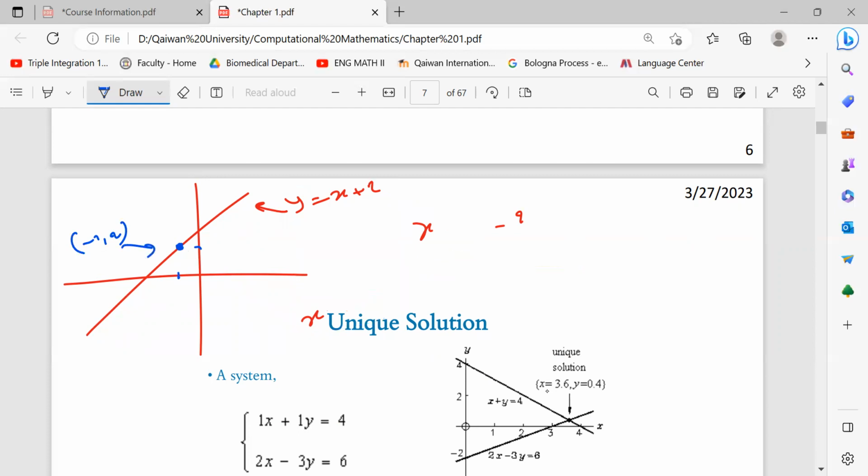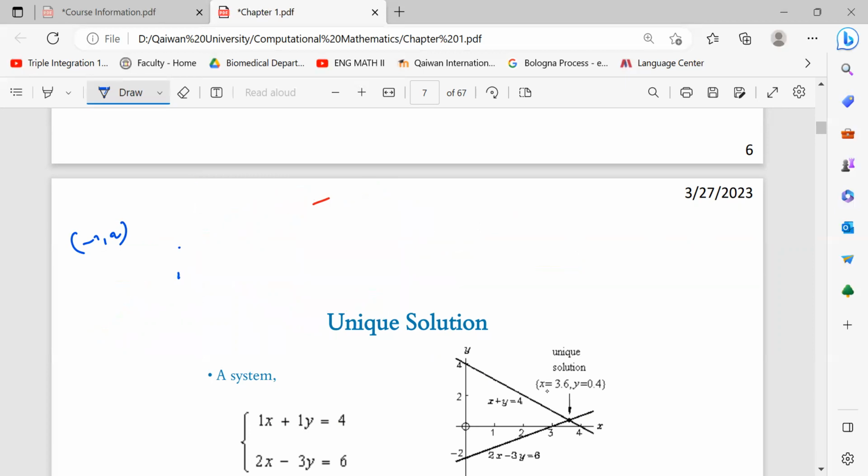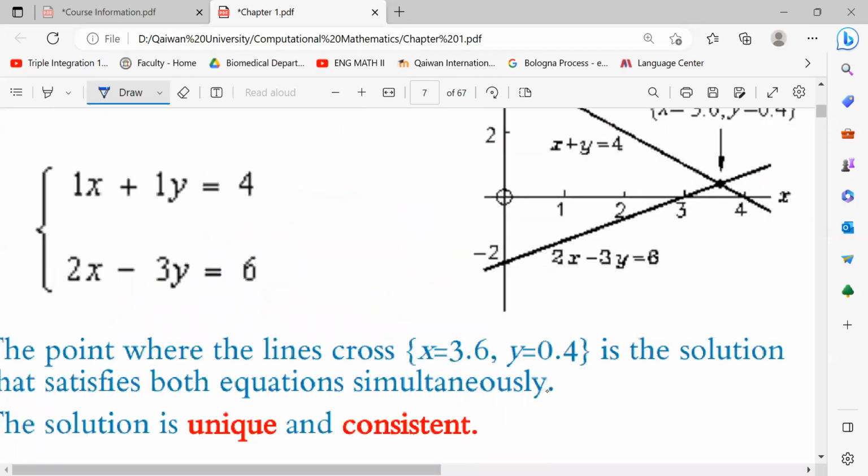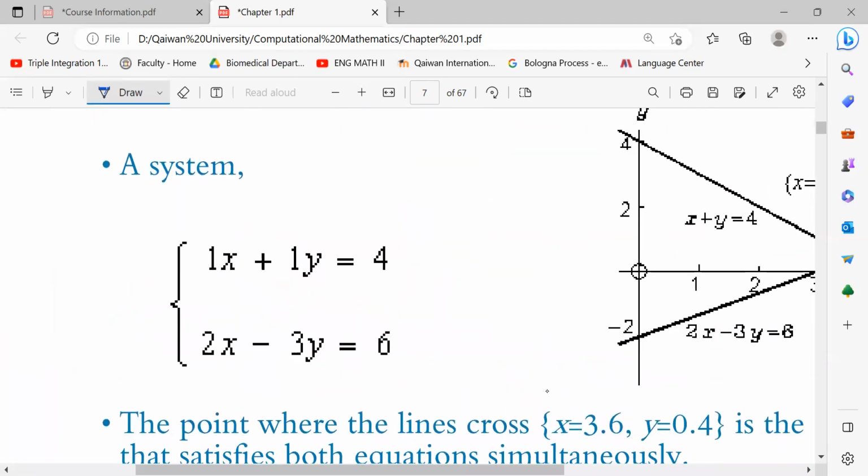And here we have another example in the handout. Here we say that this system, 1x plus 1y equals 4 and 2x minus 3y is 6, has a unique solution. So it means it has only one solution.